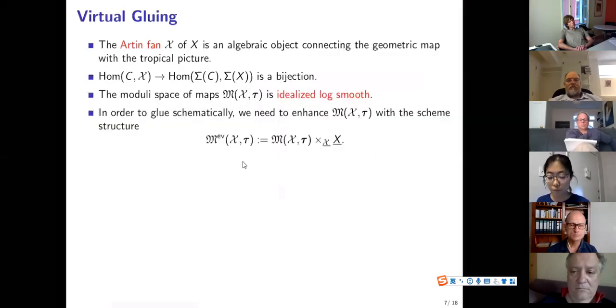So the Artin of a log scheme is an algebraic object that connects the geometric picture with the tropical picture.